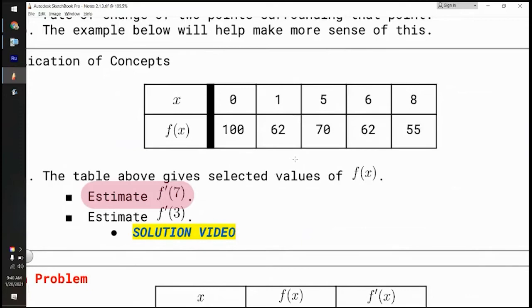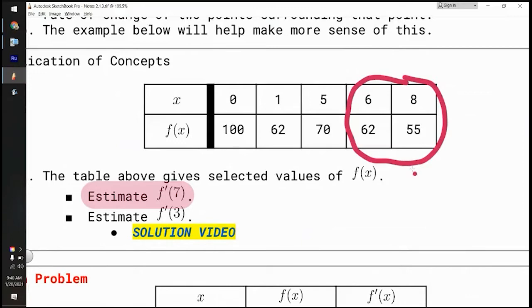I want you to write this down now, so take out something to write with. But this is going to be one of the easiest things you do in the whole class. Estimating derivatives, I don't even know why we go over it because it's so basic. Doesn't seem like it's AP level. I feel like I could teach Algebra 1 kids this. So we're going to find the slope of these 2 points right here.